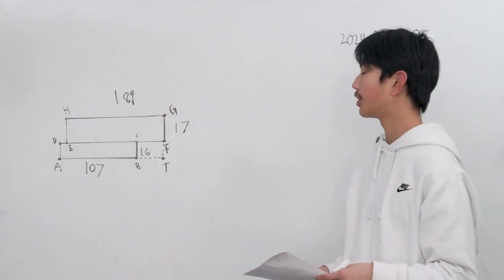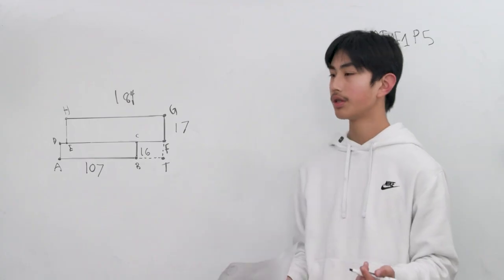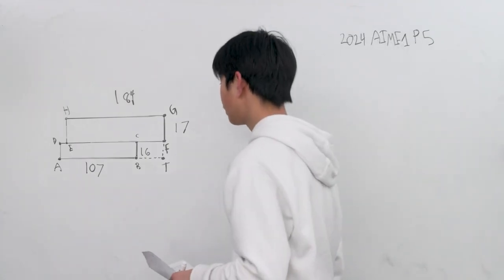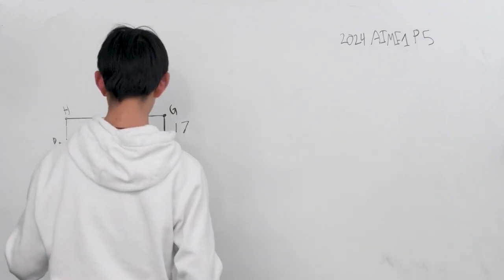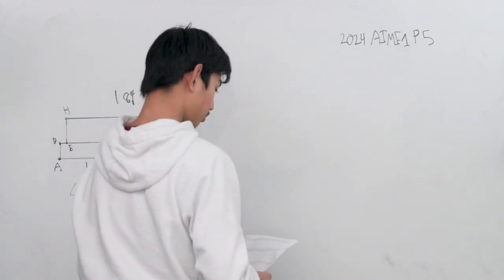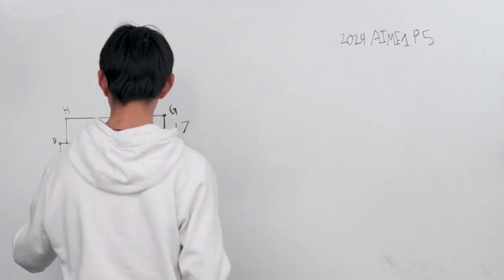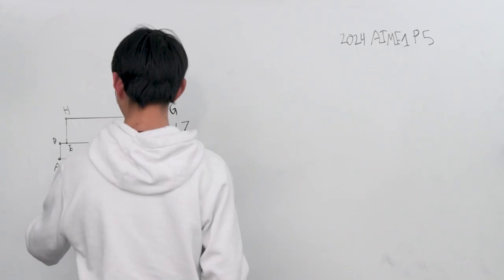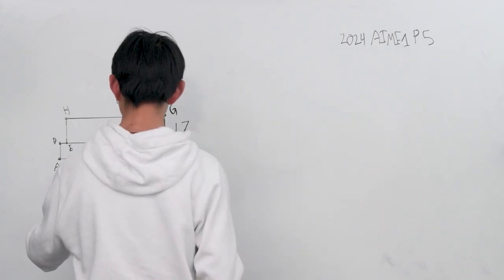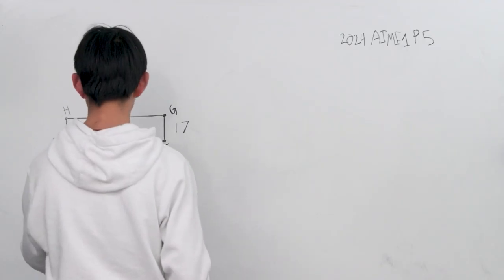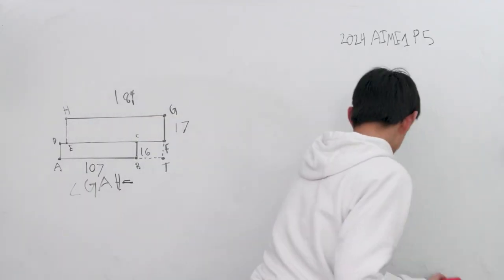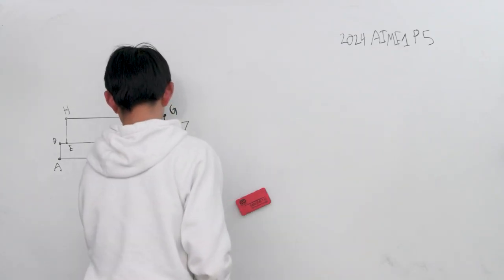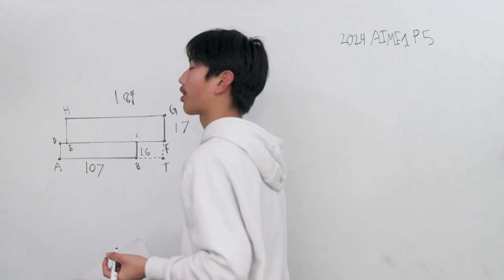So if we draw it out like this, what we can notice is that we have the angle GAH, no, not GAH, but we want to find a set of angles that really helps us prove that there are some similar triangles that we can work with.